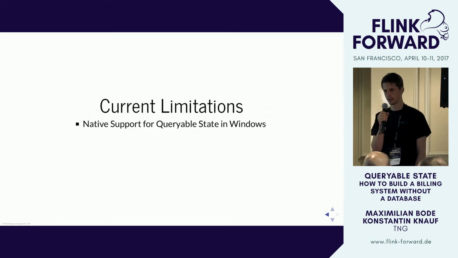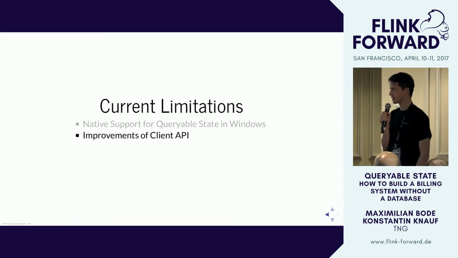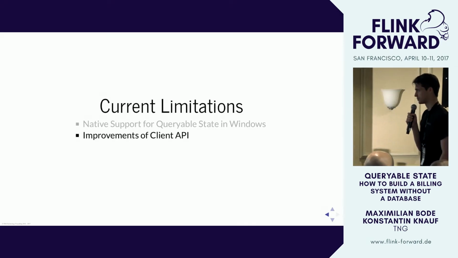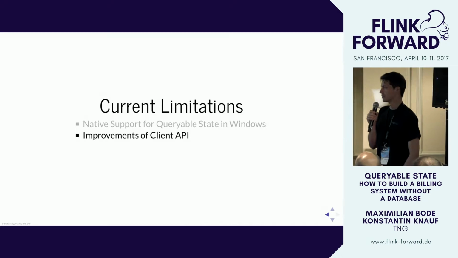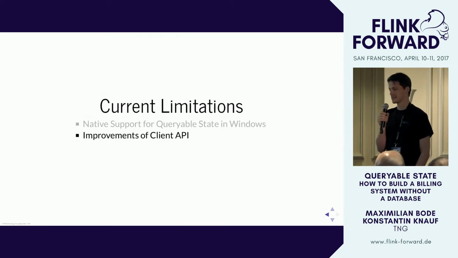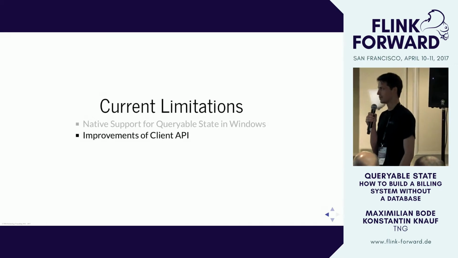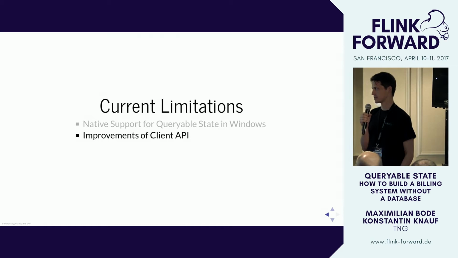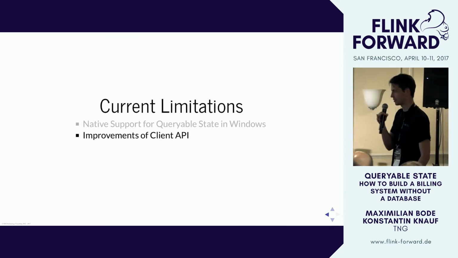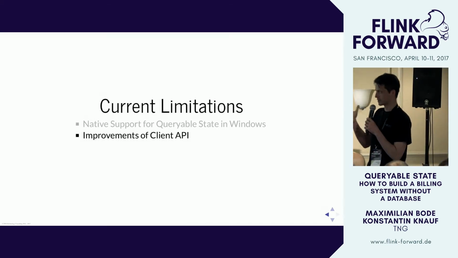You have to deal with all the Flink serialization in the client, and it's not as nice as, for example, Elasticsearch's API. It's not what you would expect at that point, but they will definitely need to improve this to make it more easily applicable from different kinds of clients.